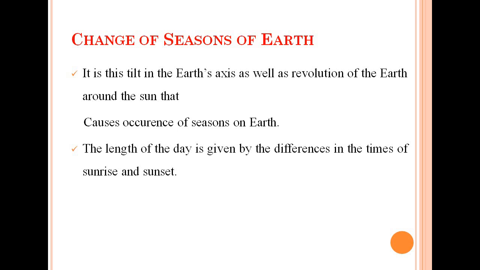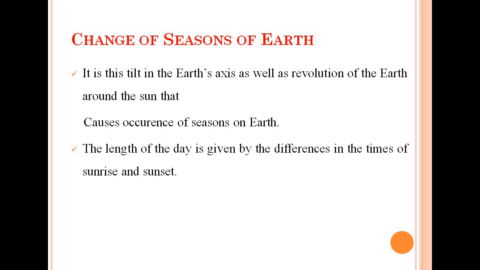The angle that the earth's axis of rotation makes with the direction perpendicular to the plane of earth's orbit around the sun is called the angle of inclination, and this is 23.5 degrees, as we have seen in the previous slide. I have shown you a picture of the earth with its axis of rotation. The tilted angle was 23.5 degrees.